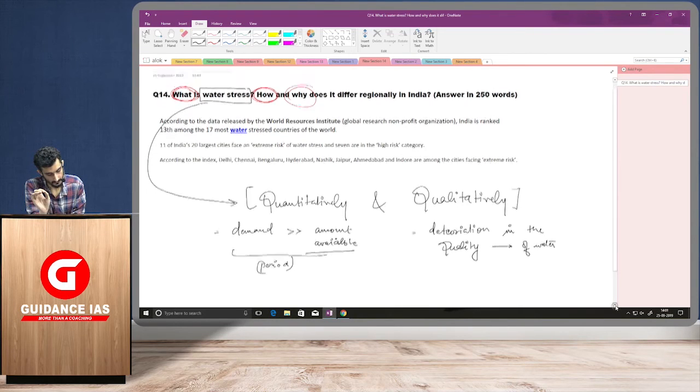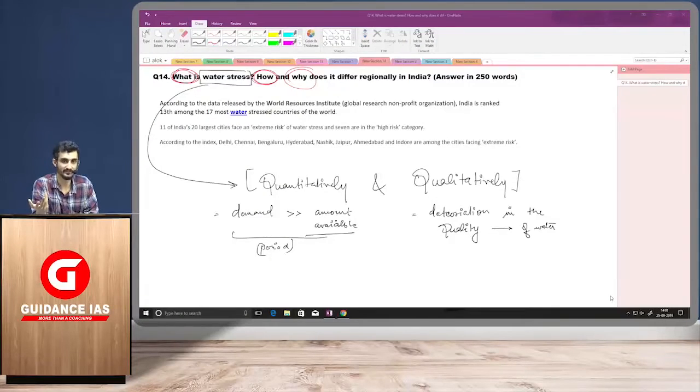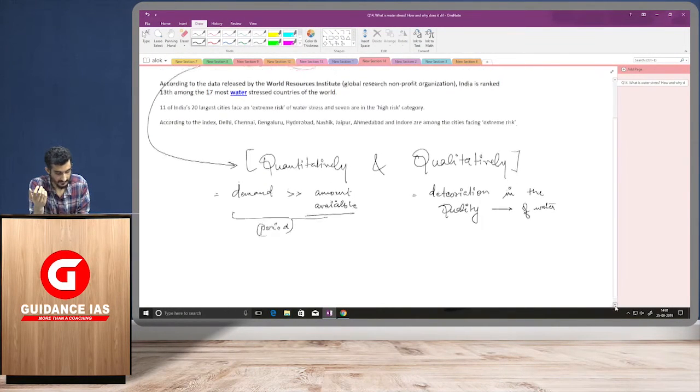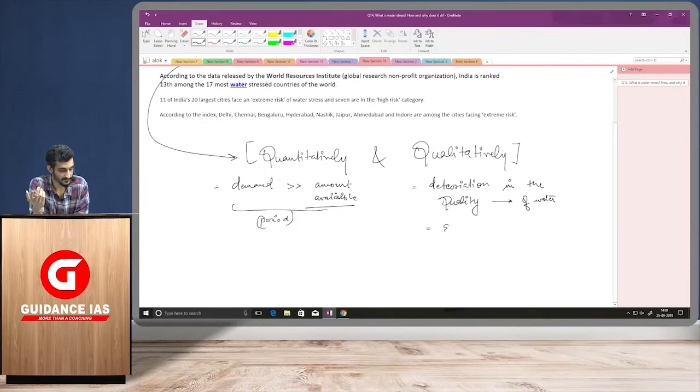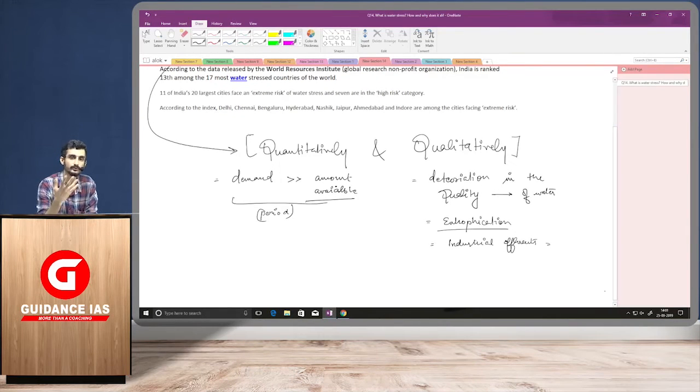See, so quantity can be affected due to more extraction rates, overpopulation and all those things, and quality due to eutrophication, due to industrial effluents which are usually discharged without treatment. So water stress is defined in both ways, quantitatively and qualitatively.